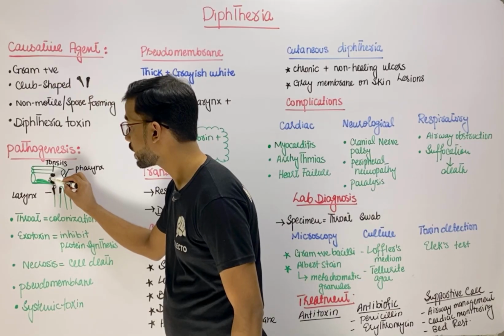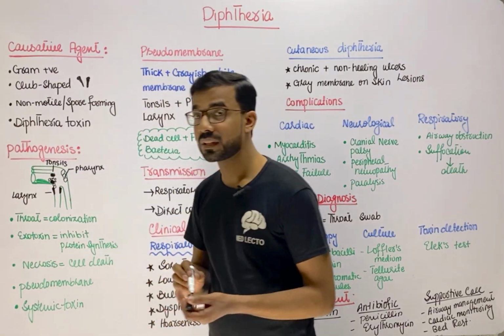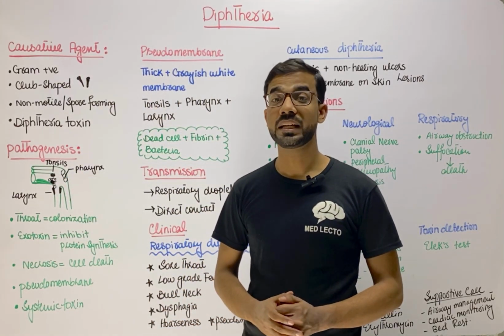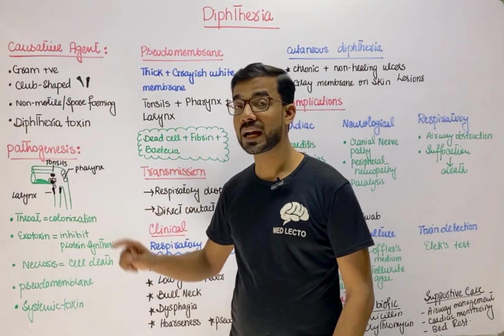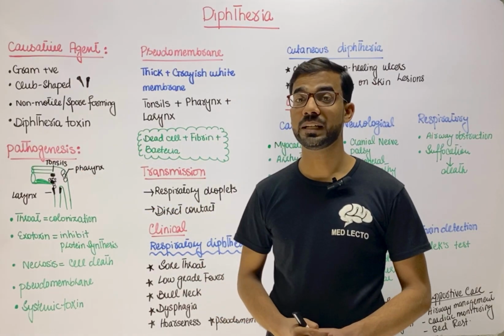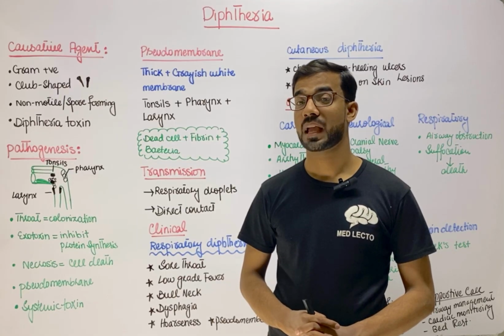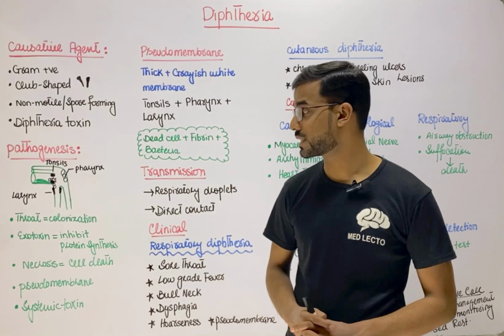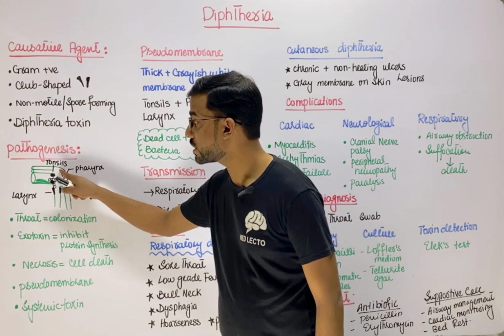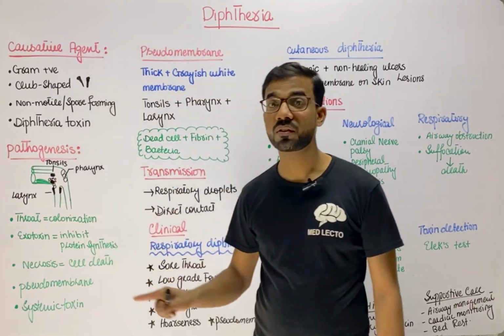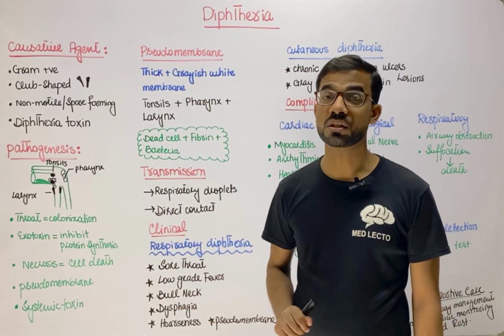Now this exotoxin, diphtheria toxin, will inhibit the protein synthesis in the cells of the throat. You have to understand the presence of the epithelium in the throat, and in this epithelium the toxin will inhibit the protein synthesis. And after the inhibition of this protein synthesis, you will see the necrosis starts in the throat region and over the tonsils.